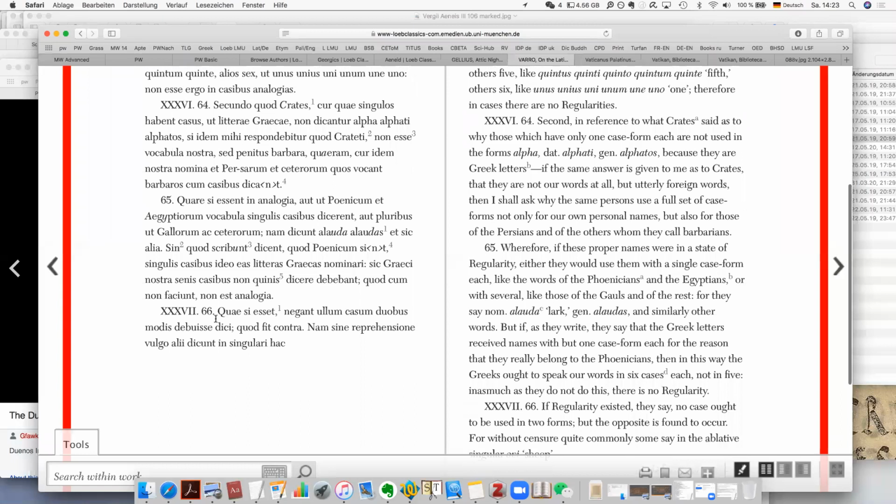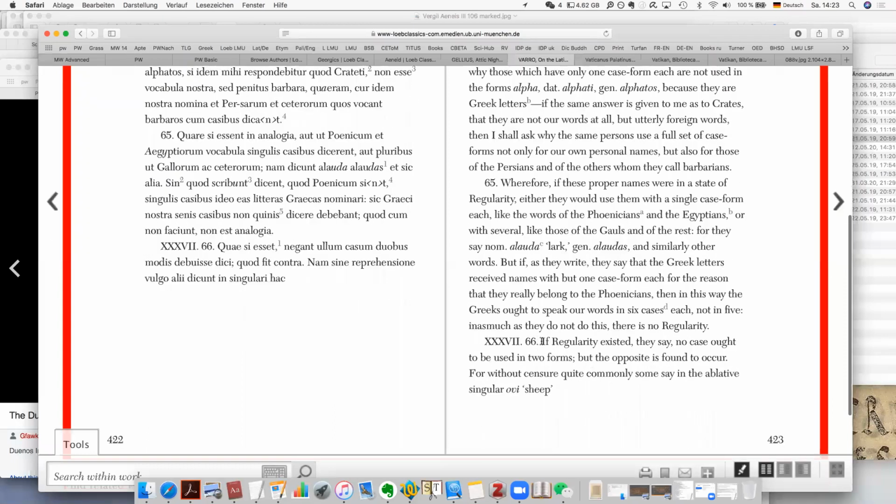For example, this one, chapter 37, 66. Actually, we can read the English here. So, if regularity existed, they say, no case ought to be used in two forms. So it means that you should have consistent writing for a specific form, right?